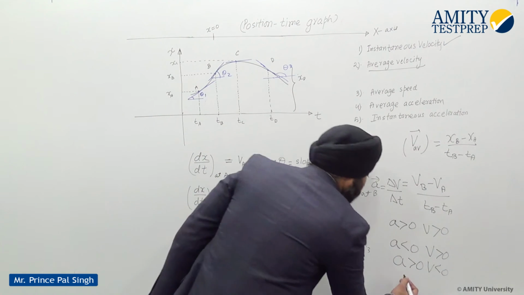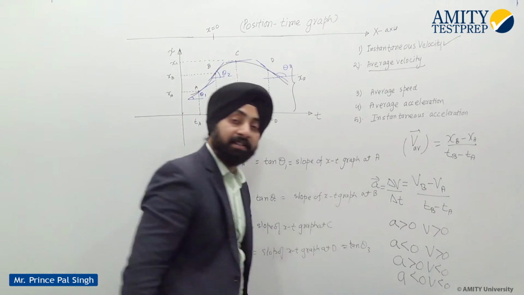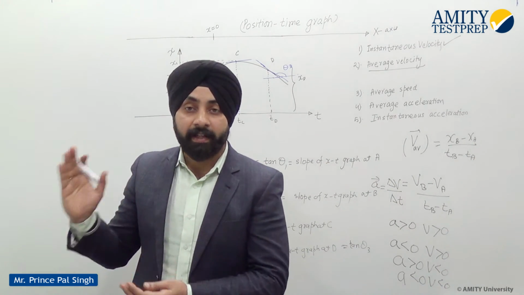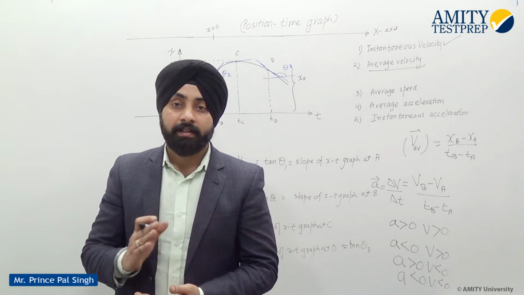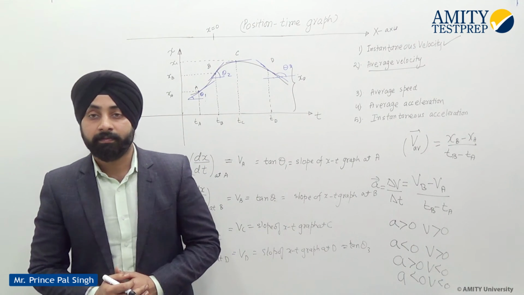In the same way, if a is negative and v is negative, it simply means that the particle is moving in the negative direction and its speed is increasing. It is speeding up in the negative direction.